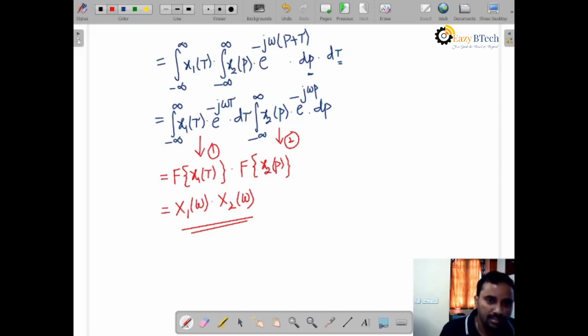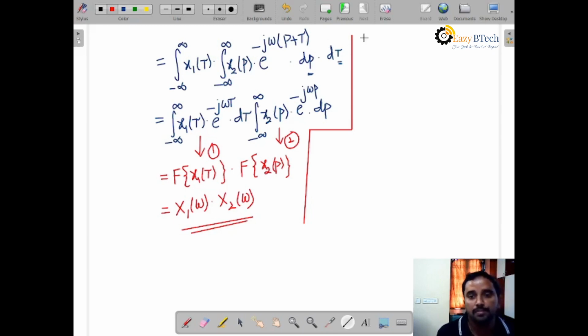Let's take the next one. The next is frequency convolution. So convolution in frequency domain. So what result do you get now if you take convolution in frequency domain? Multiplication in time domain we get. So that we are going to discuss now. Frequency convolution.